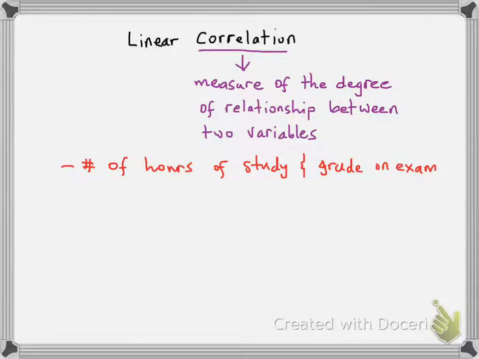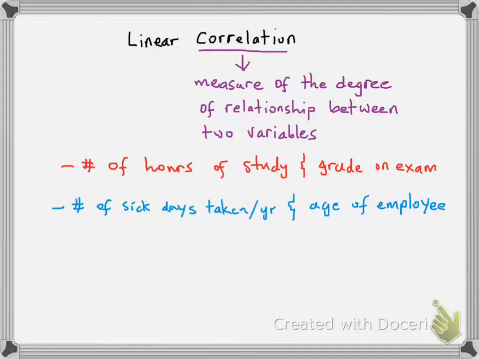For example, you may want to think about the number of hours you study and your grade on an exam. We may be able to see that those are correlated in a linear fashion. Or the number of sick days employees in a company take per year, and the age of the employee. Are those correlated?